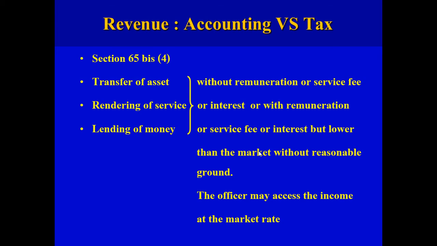So in my calculation of the taxable profit, I have to bring the additional 5,000 baht into my calculation, in addition to the 5,000 charged. So this is the meaning of charging for the transferring of an asset lower than the market price, but in a different way.